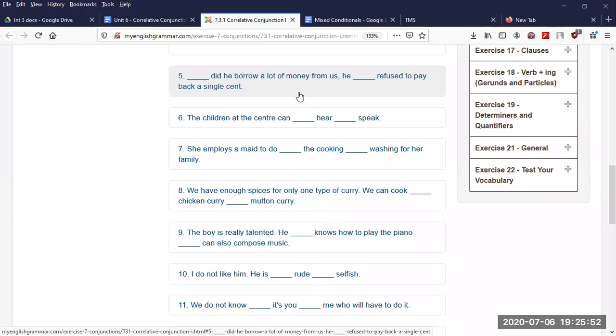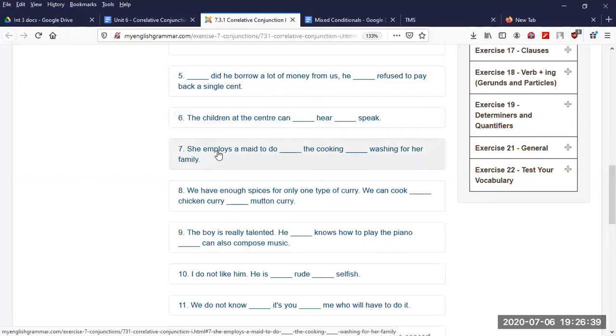Remember, I mentioned that one is used for when you really can't believe something, but you're saying that this happened and this happened, and I can't believe it. It's so bad.